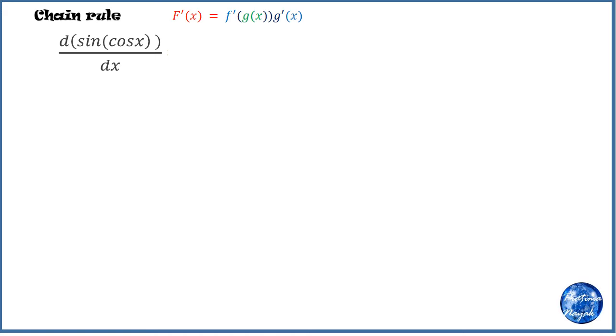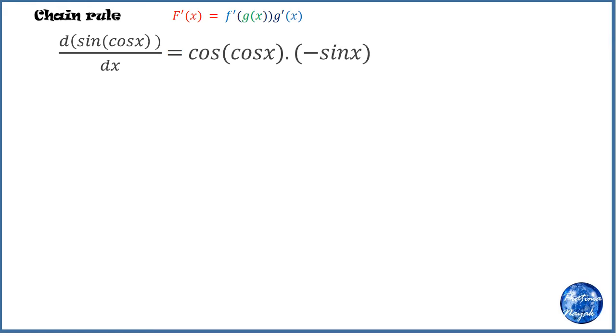Next, sin of cos x. Here sin is the outer function, cos is the inner function. So first we will differentiate the sin function. It will be cos, so we will write cos of cos x, multiplied by the derivative of cos x. What is the derivative of cos x? Minus sin x.